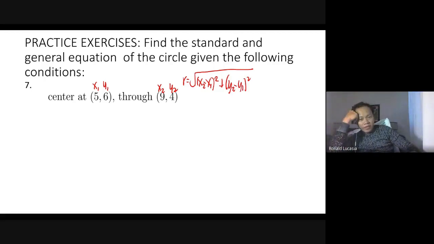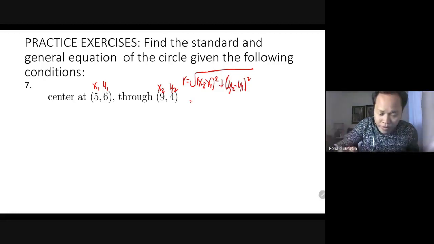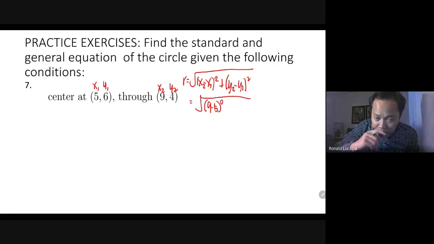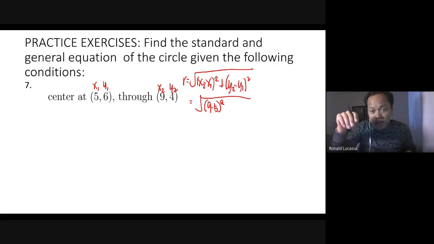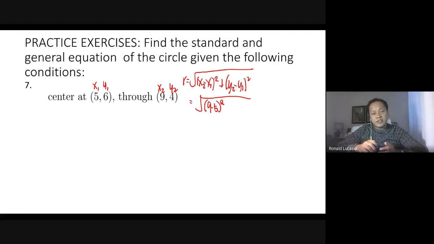Okay, given that, we'll solve for the radius. The radius there is the square root of 9 minus 5 quantity squared, plus y sub 2 there is 4 minus 6 quantity squared. Moira, don't express your answer as a decimal. If it's not an integer, might as well express it naka-square root.